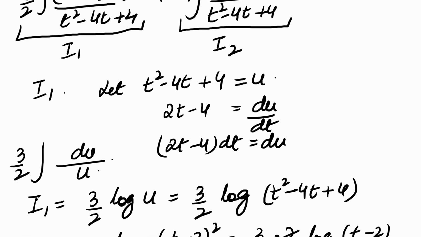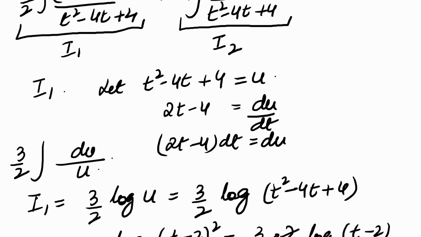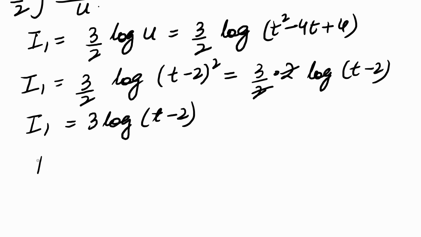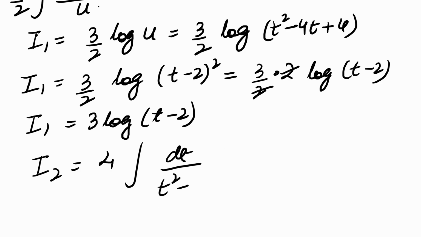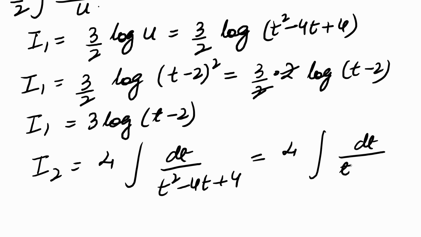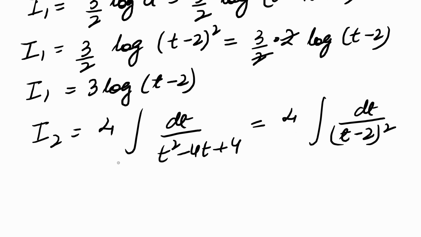Okay. Now let's move on to I2. What was I2? I2 is 4 integration dt upon the denominator, which is the same, t square minus 4t plus 4. So I can write this as 4 dt upon t minus 2 whole square. Okay, now I will let t minus 2 is equal to k.